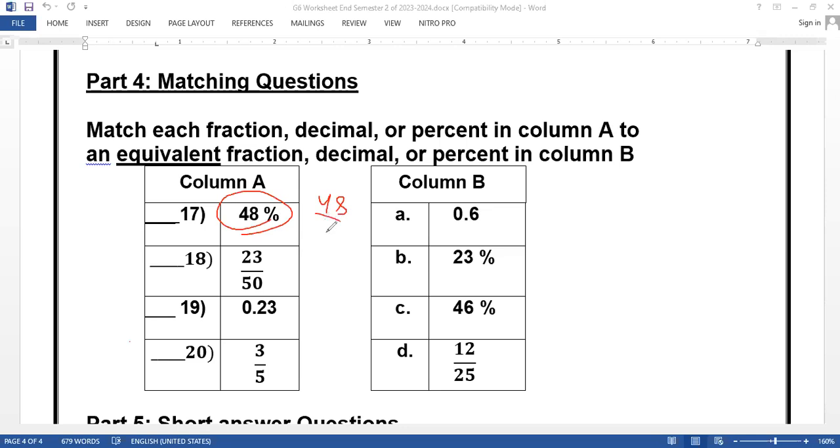The easy one to start by percent. We simplify it by 2, it becomes 24 over 50. Then we simplify again by 2, 12 over 25. So number 17 put here. So D.